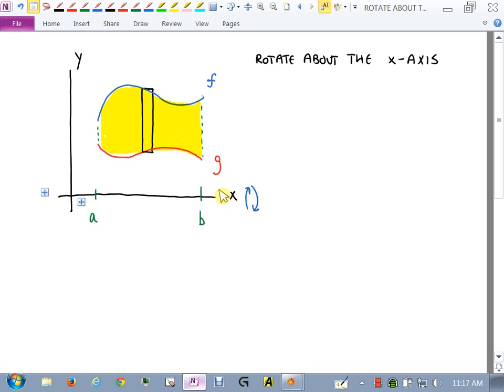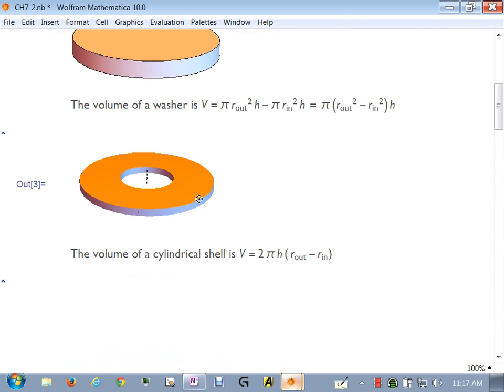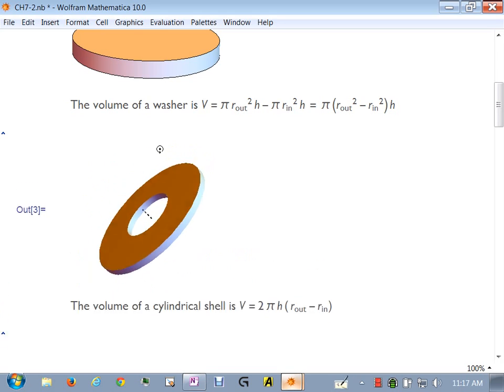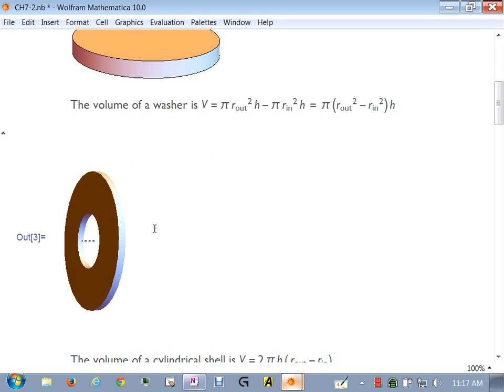What is that going to look like when I rotate that around the x-axis? A washer, right? It's going to look like this guy right here, isn't it? Now, it's actually going to look more like that, though, right? So I'm about to draw that.